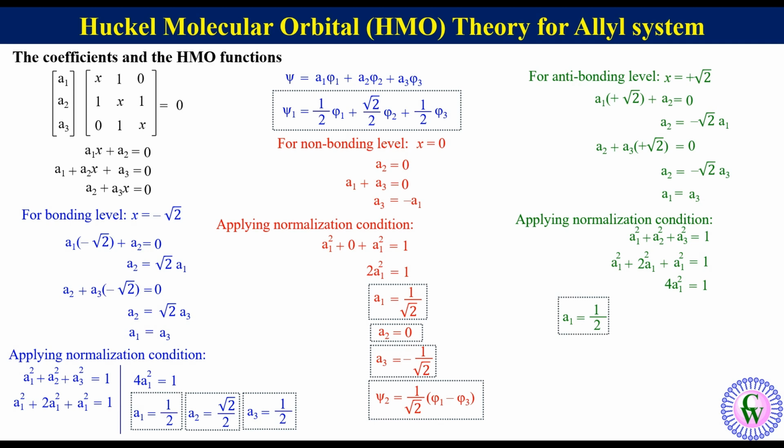So a2 is equal to minus root 2 upon 2 and a3 is equal to 1 upon 2. Putting the values of a1, a2 and a3 in this equation will give Huckel molecular orbital psi 3 is equal to 1 upon 2 phi 1 minus root 2 upon 2 phi 2 plus 1 upon 2 phi 3.